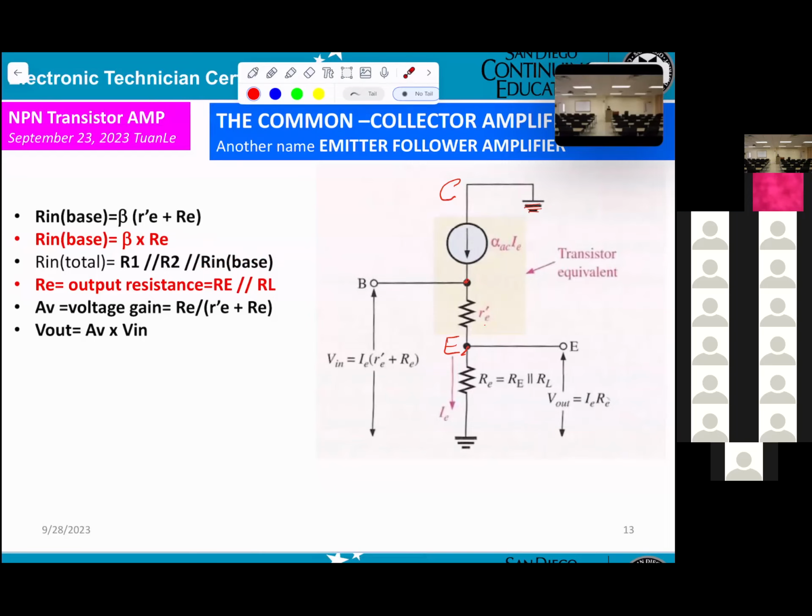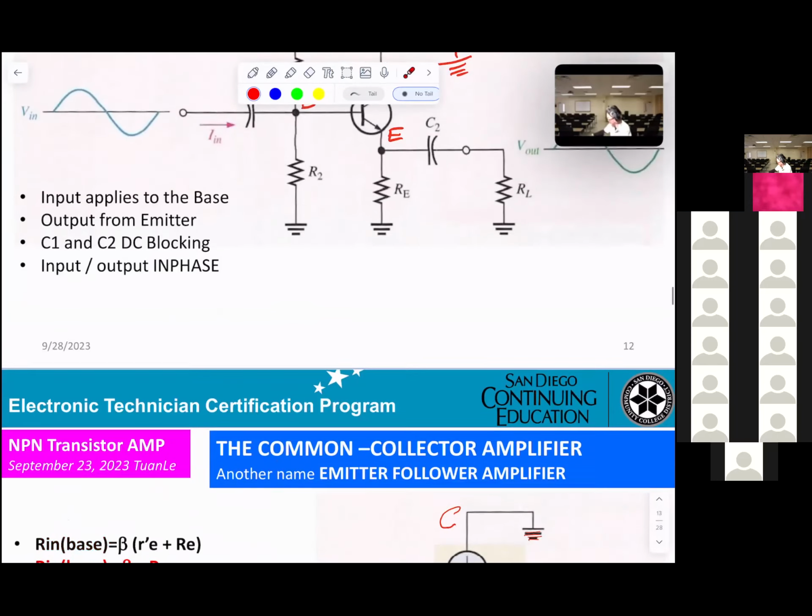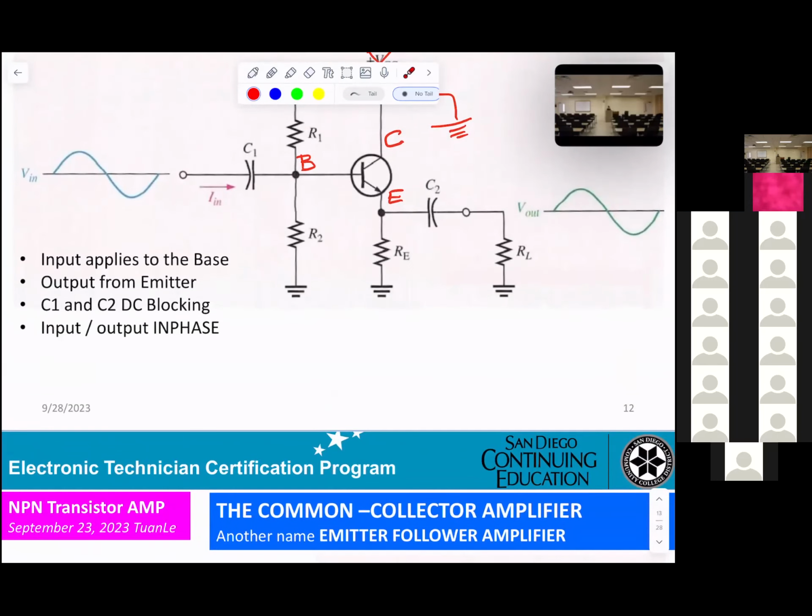And now output resistance. That means you're looking into the amplifier. That's what they call R out, or output resistance.